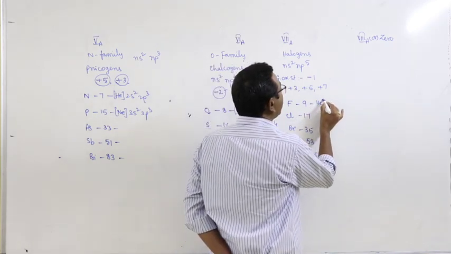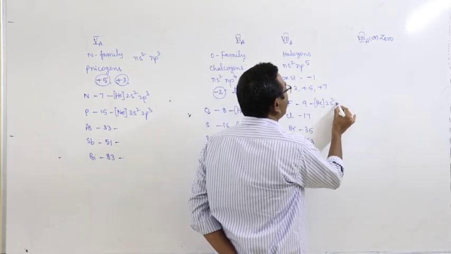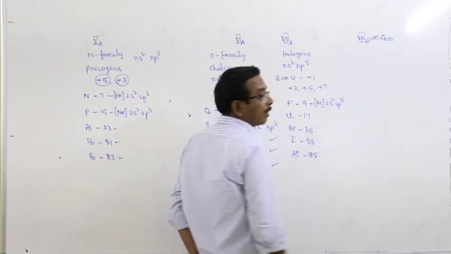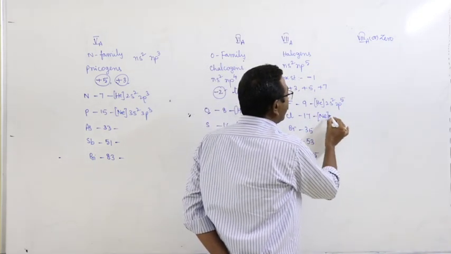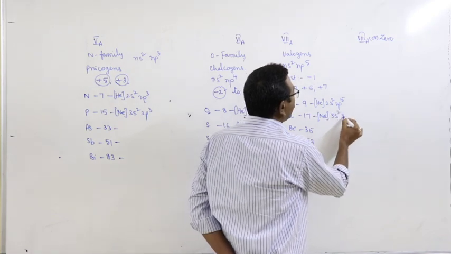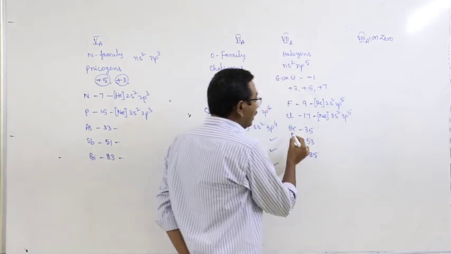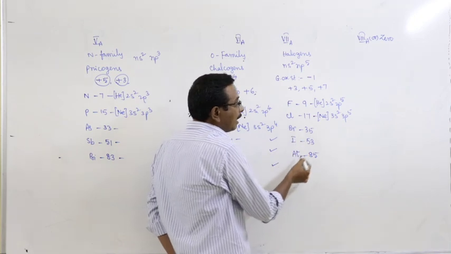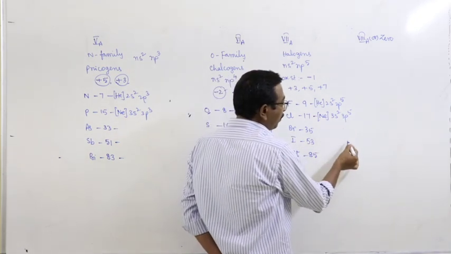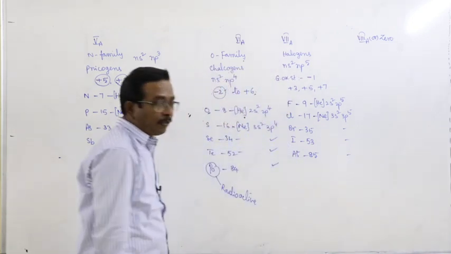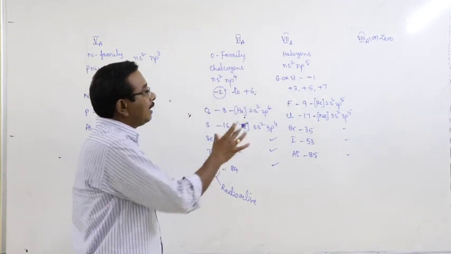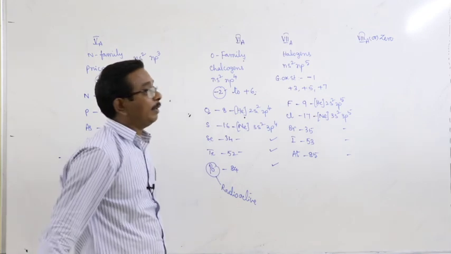And here the electronic configuration: helium 2s2 2p5. So in case of chlorine, neon 3s2 3p5. In the same way, bromine, iodine and astatine 4s2 4p5, 5s2 5p5, 6s2 6p5 respectively. And this is about the 7th group elements.